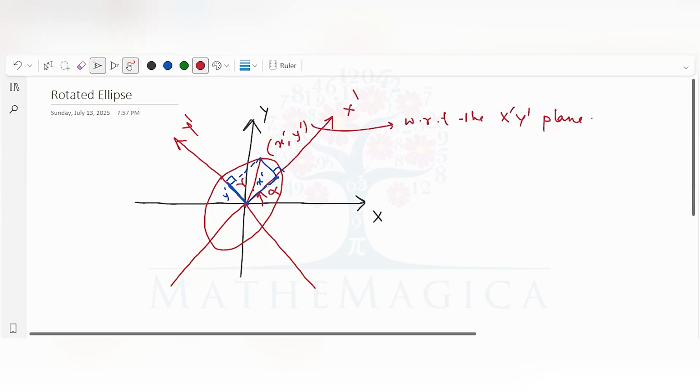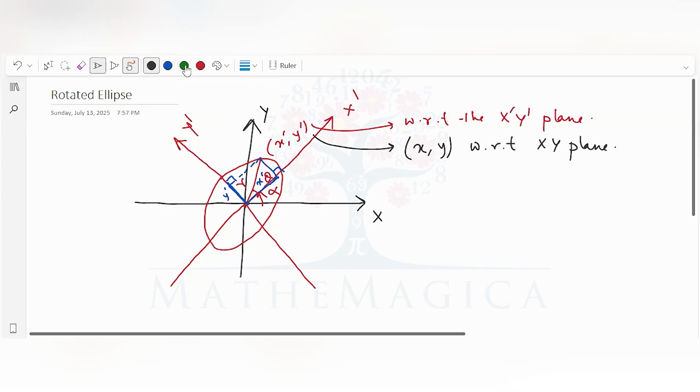Clear? And let's say the angle that this point makes with the x prime axis is theta. Okay, fine. So now, with respect to the x-axis and y-axis, let this be x comma y with respect to the xy plane.